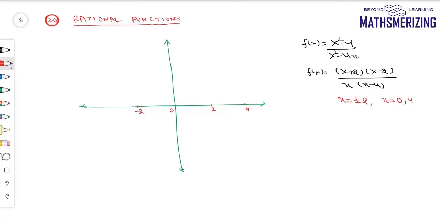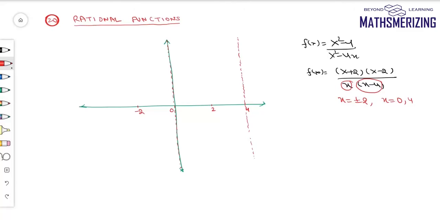Now because 0 and 4 lie in the denominator, my function will have asymptotes at 0 and 4. So I'll draw dotted vertical lines at 0 and at 4.